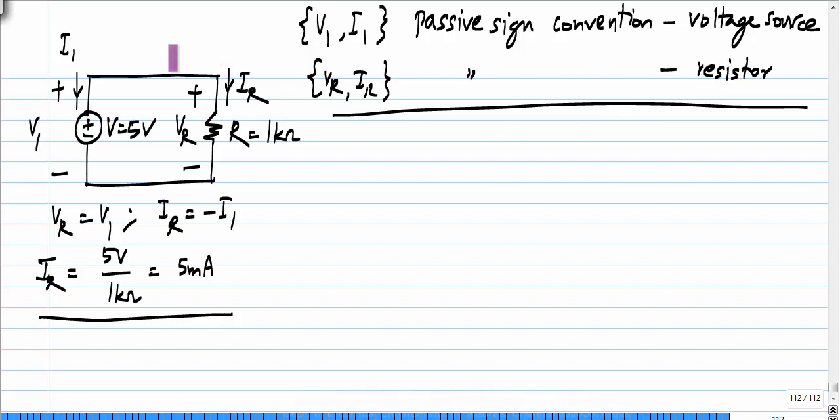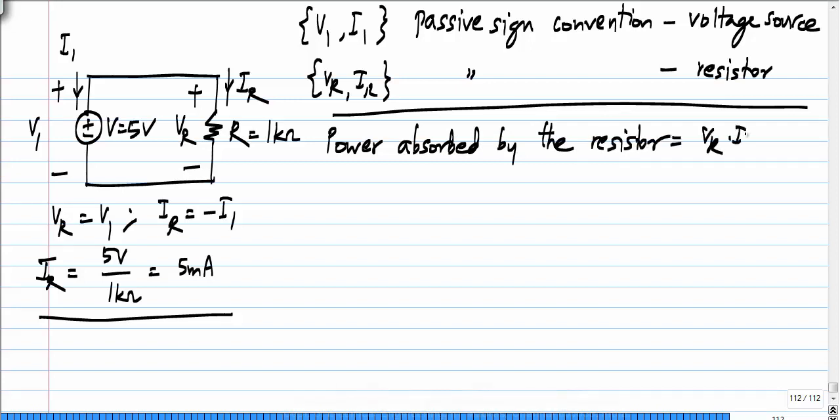So, now what is the power absorbed by the resistor? It is V R times I R, which is 5 milliamps times 5 volts, which is 25 milliwatts. So, let me also write it here.